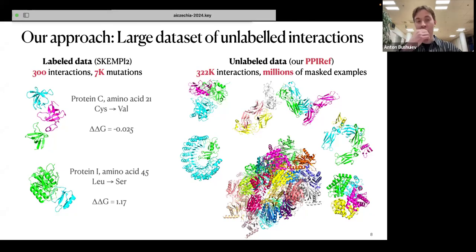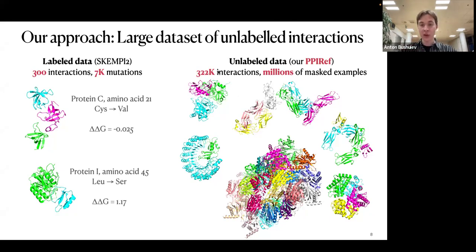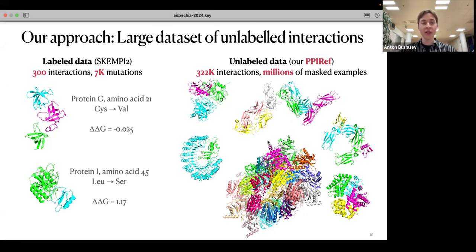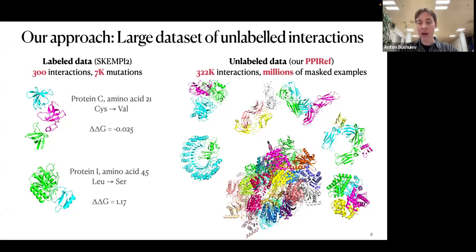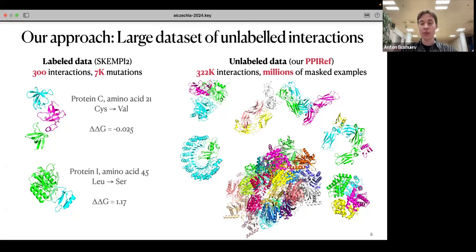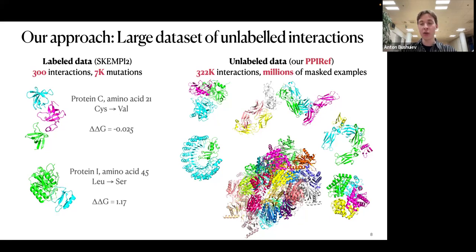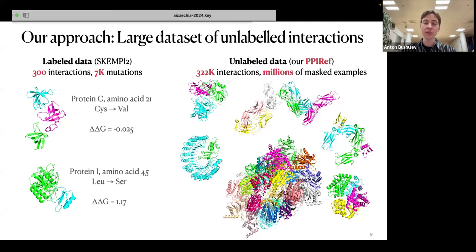And as I will show in a second, from these thousands of interactions, we can really construct millions of training examples. And so how we obtain this data is that we basically mined all the protein structures that humanity publicly knows from the database, which is called Protein Data Bank.